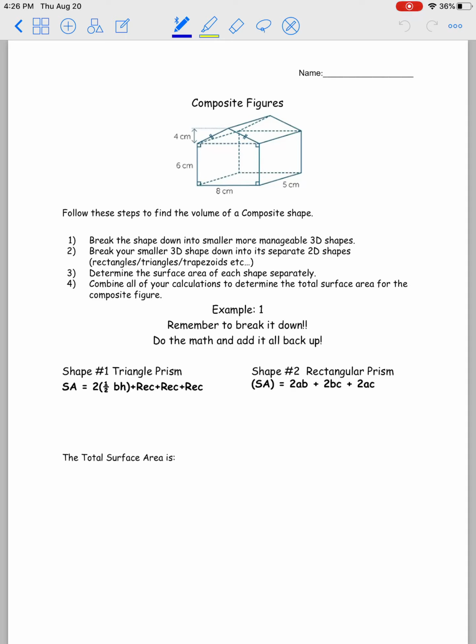And we're going to find the surface area. Okay? Now, first things first. If I was to take this house, because we're talking surface area, if I was going to paint this house, there is a section that would not get painted. And you see this line here.